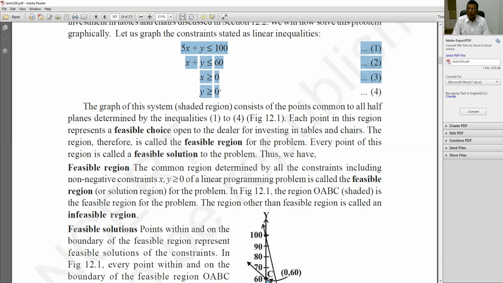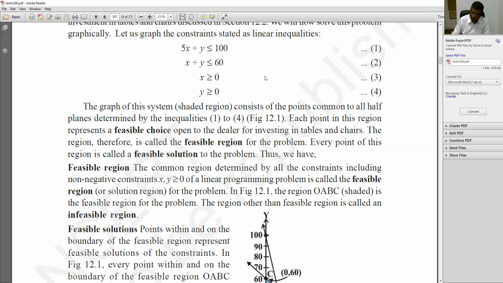We shall adopt the same method as we have been adopting since the beginning of our study of school mathematics. The thing that is new here is feasible region, feasible choice, and feasible solution.